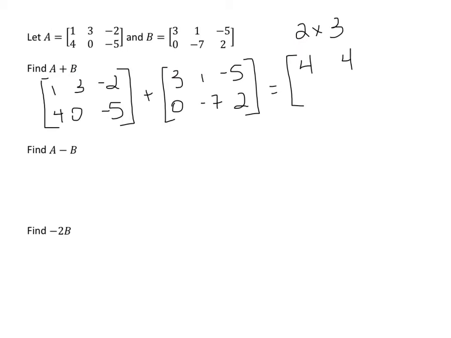Negative 2 minus 5 is negative 7. 4 plus 0 is 4. 0 minus 7 is negative 7. Negative 5 plus 2 is negative 3. So this matrix is the sum of matrix A and matrix B.